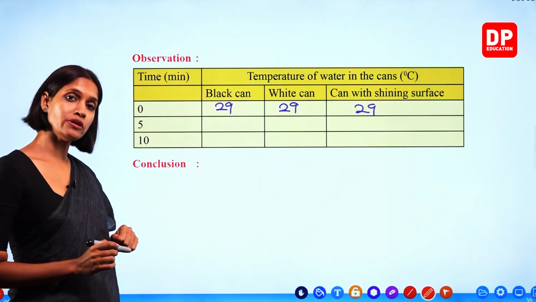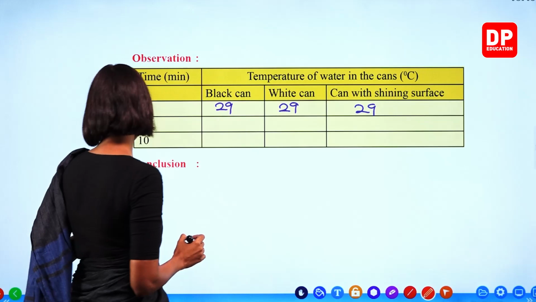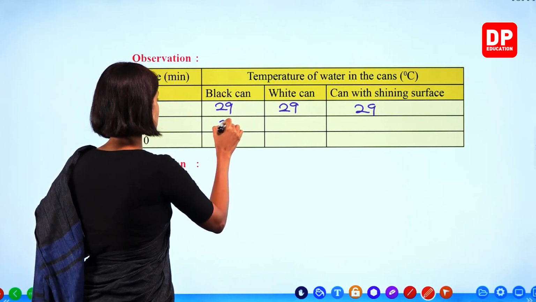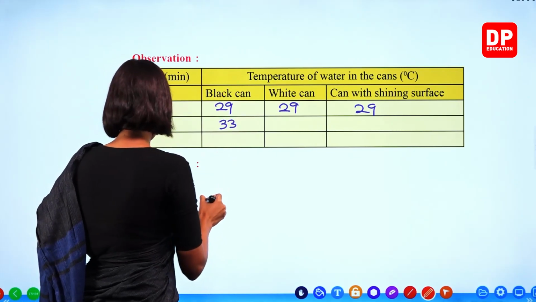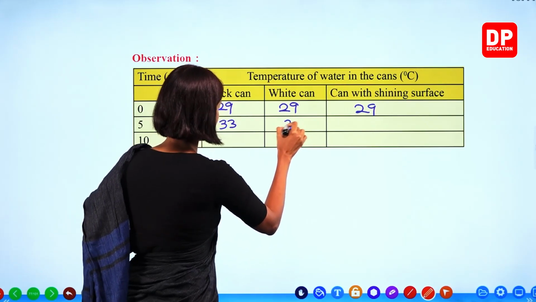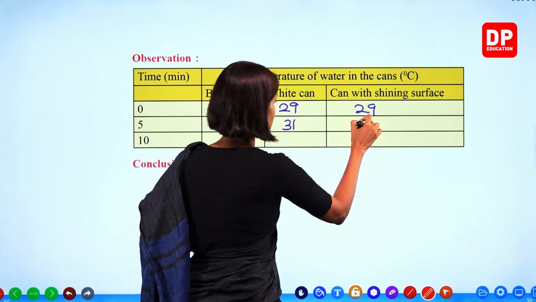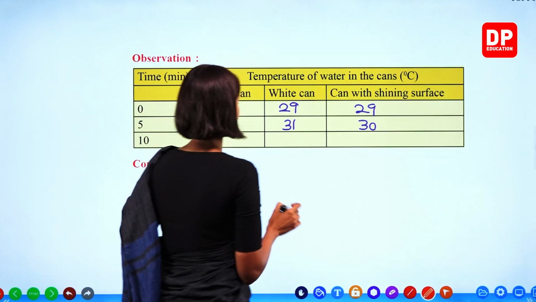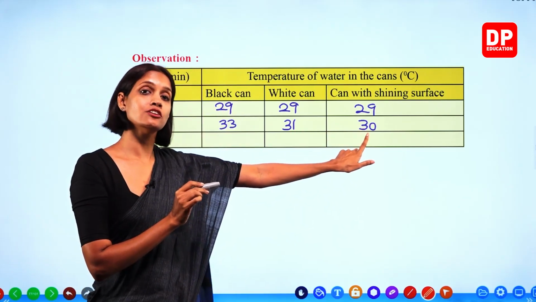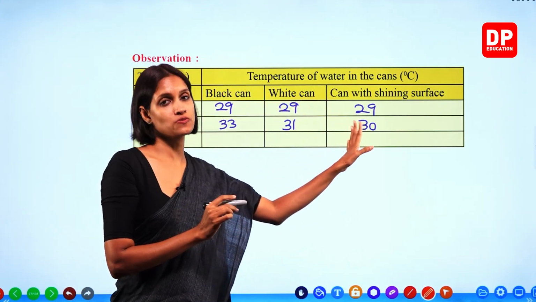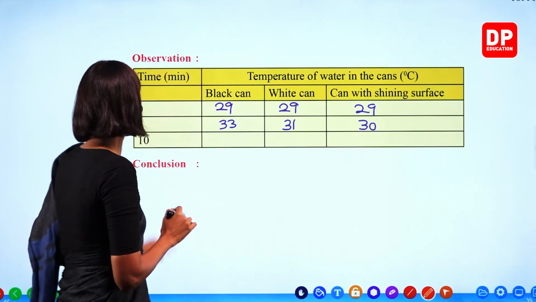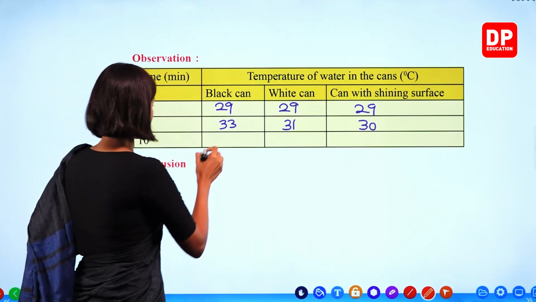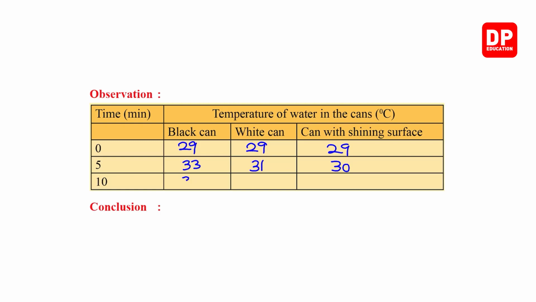Right, after 5 minutes, do you remember the temperatures? Let's write. Here it was 33 degrees Celsius. Here it was 31. And here it was 30. This is the highest, this is the lowest. But the initial temperatures were the same. After 10 minutes, in the black can, the water was 37 degrees Celsius.